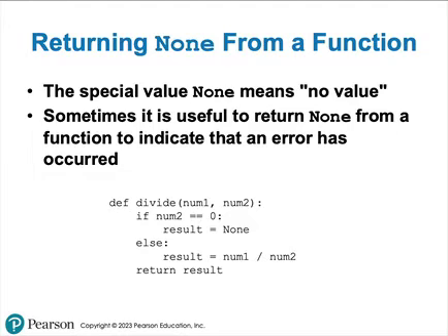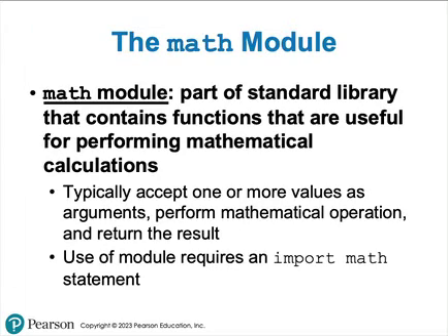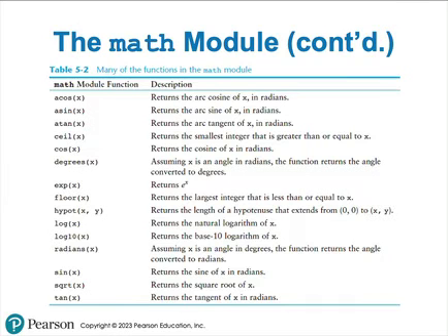We talked about the random library. They talk about the math module, which is part of the standard library for performing some calculations. To use it, you're going to have to say import math prior to attempting to use any function from that library.